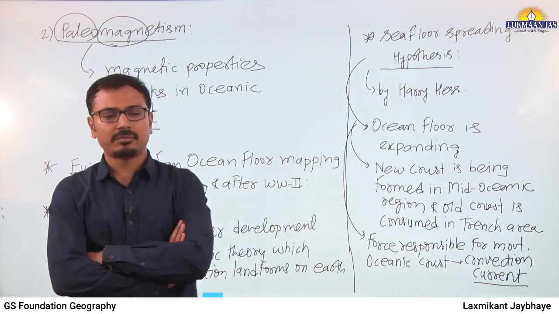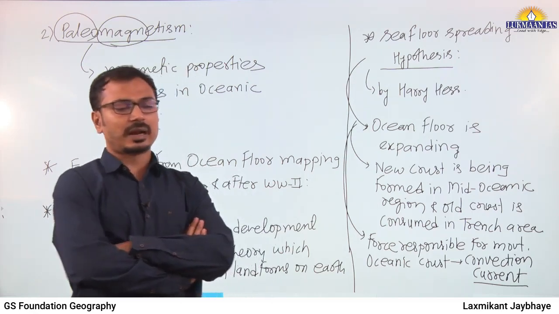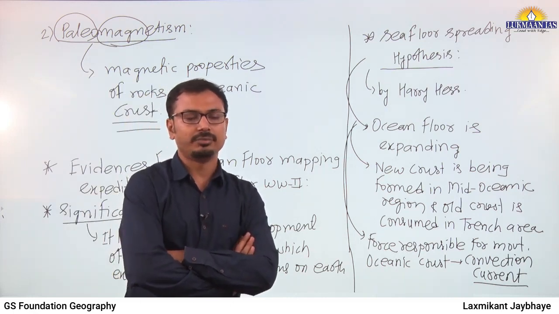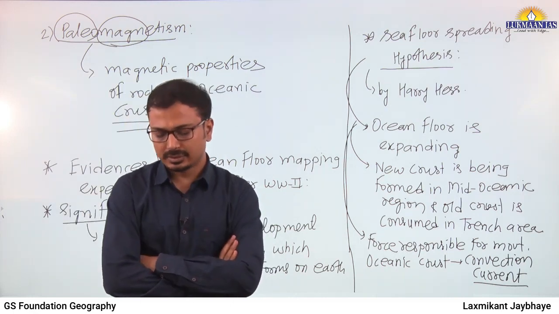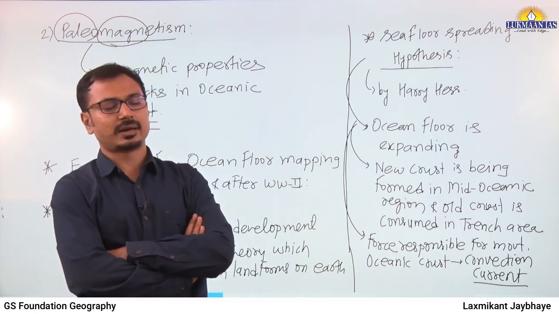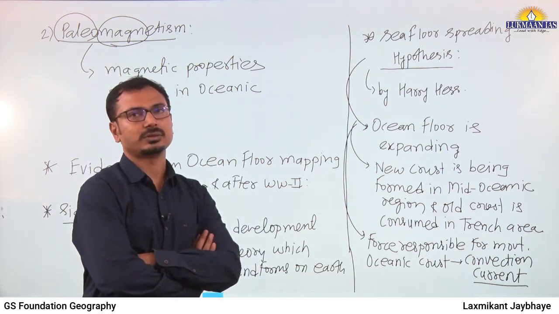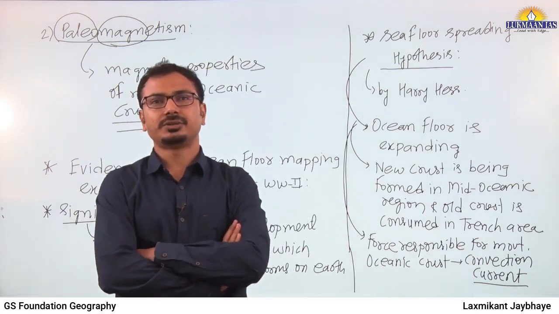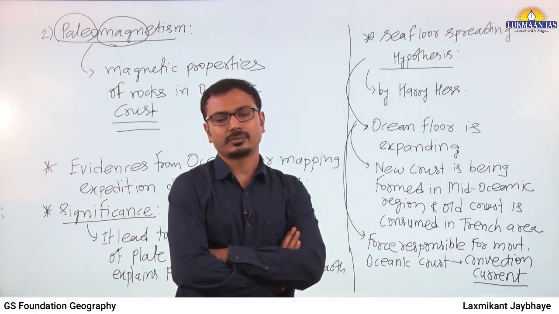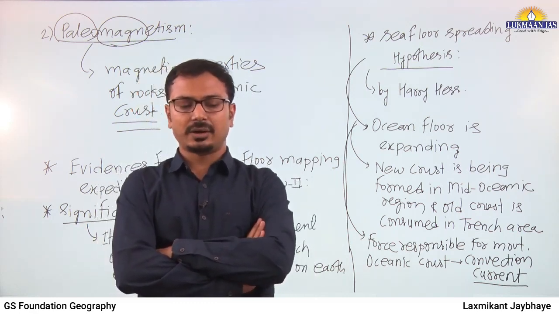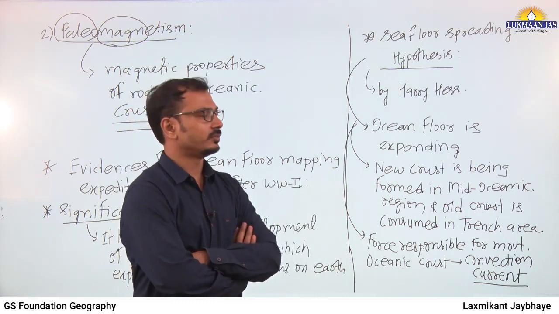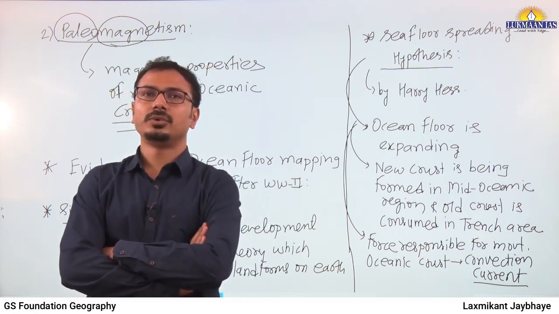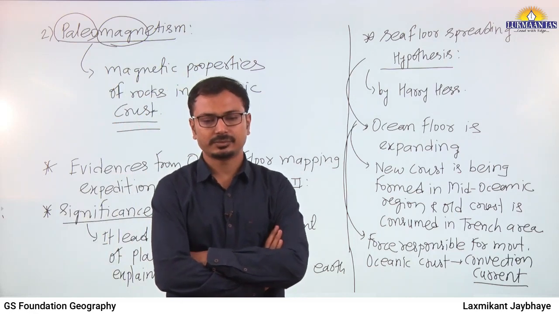The basaltic magma rises from weak zones in the mid-oceanic region and cools down to form new oceanic crust.